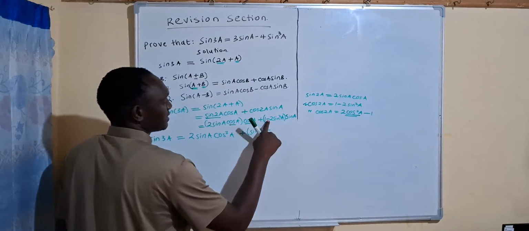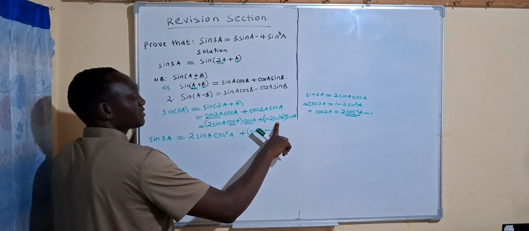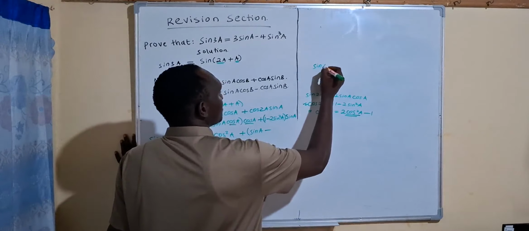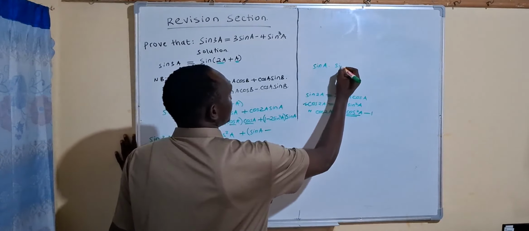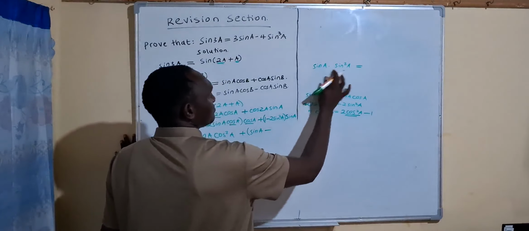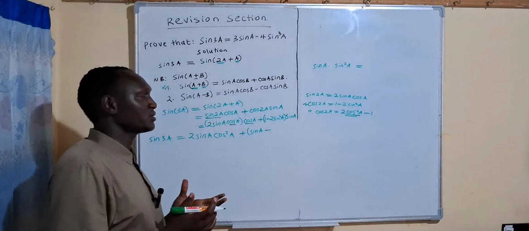Minus, since it is a minus here, sine a times sine square a. Here you're multiplying sine a times sine squared a. Now, these are terms of the same basis, so we simply add the power.